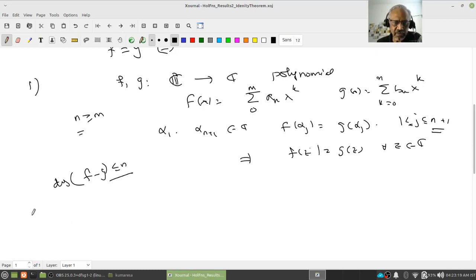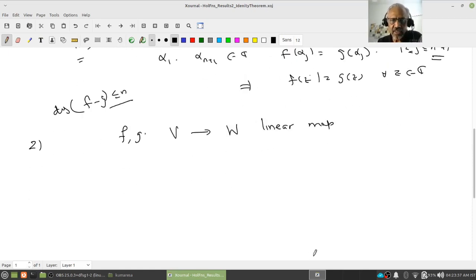Second example: this is algebra, but we turn it into an analysis kind of thing. Suppose now f and g are linear maps from V to W, where V and W are vector spaces.